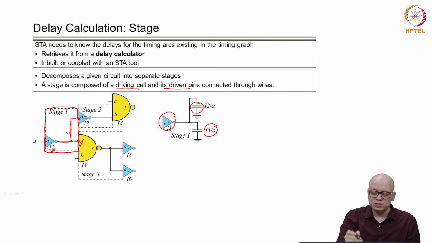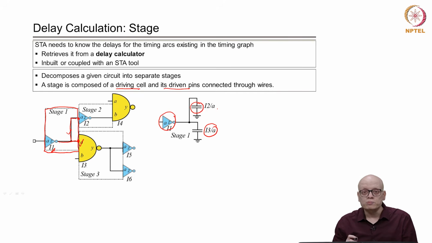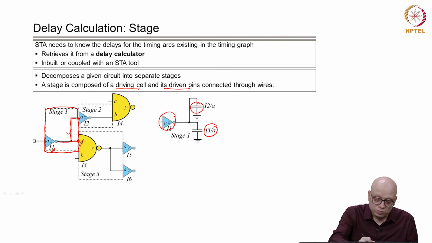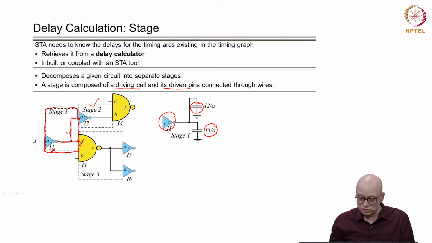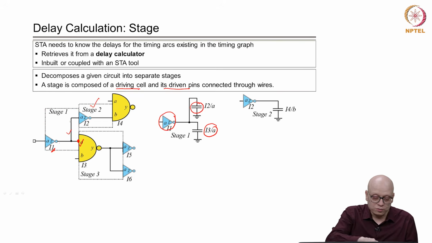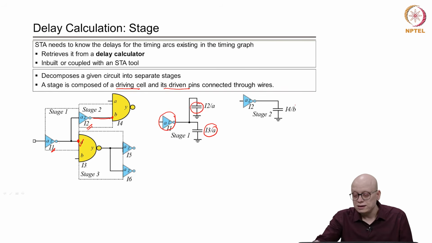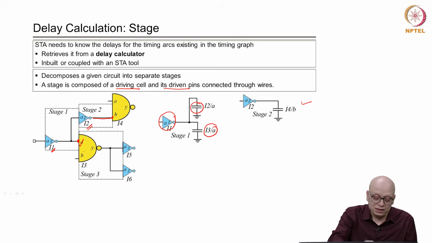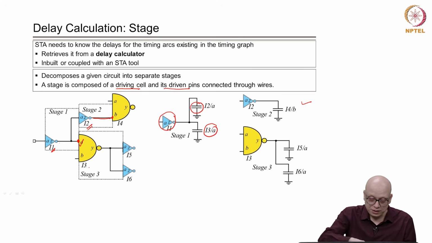The stage will consist of I1 and the net and the pins being driven by it. Then there will be another stage corresponding to this one. So, stage 2 will consist of the driving cell I2, the net and the pin I4B. Similarly, we will have another stage corresponding to I3.